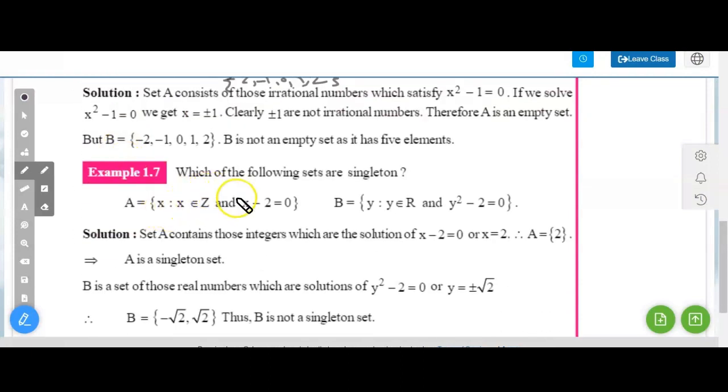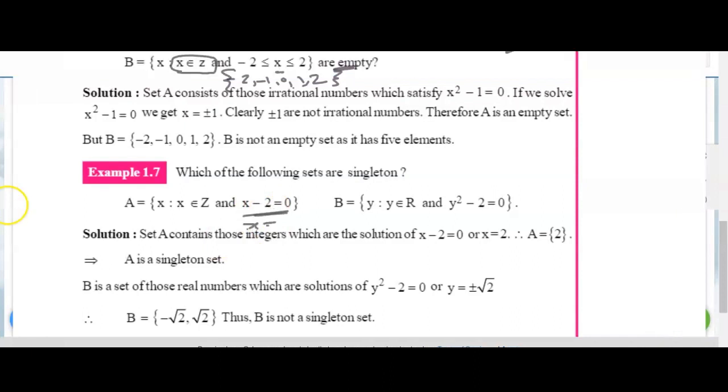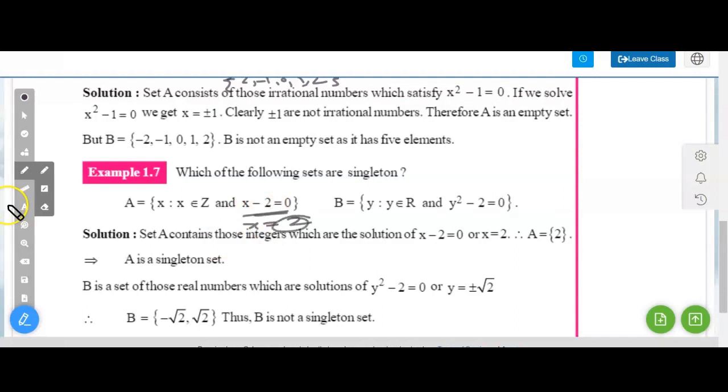Next example: which of the following sets are singleton? Singleton means only one element should be available in the set. If you see this, x belongs to integers and the condition given is x is equal to 2. So only one element is available, so this is singleton.